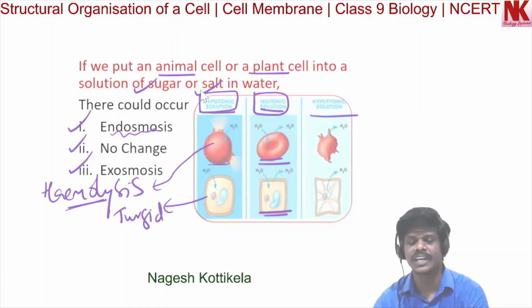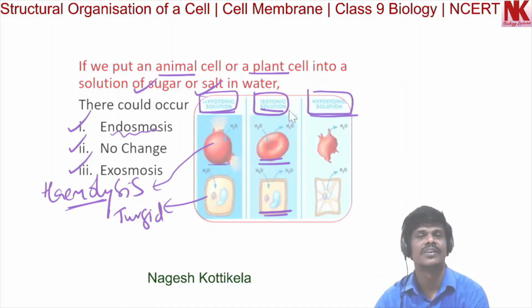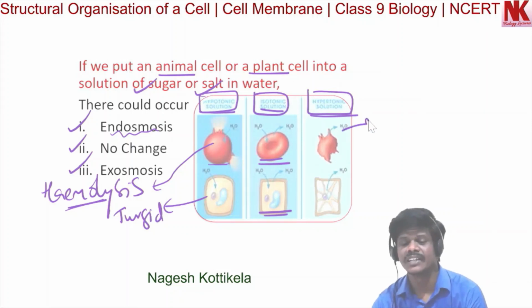Now the third condition, if an animal cell is placed in a hypertonic solution, okay, a hypertonic solution is that solution which has less water concentration. So if animal cell is kept in hypertonic solution, then the cell will shrink, and this process is called crenation.